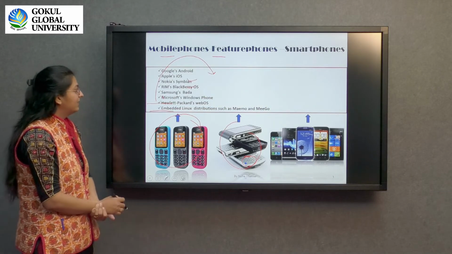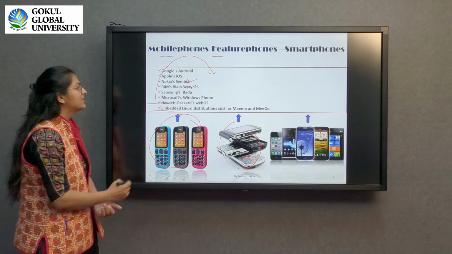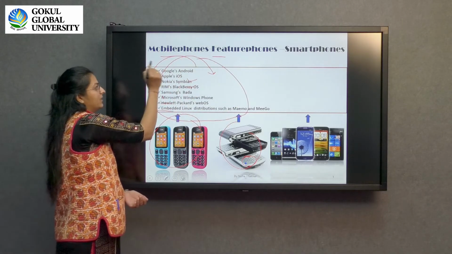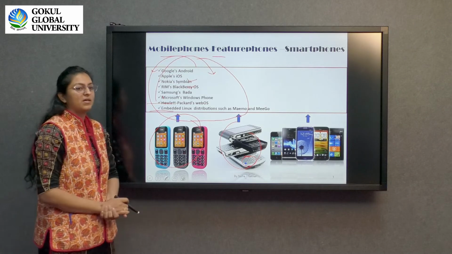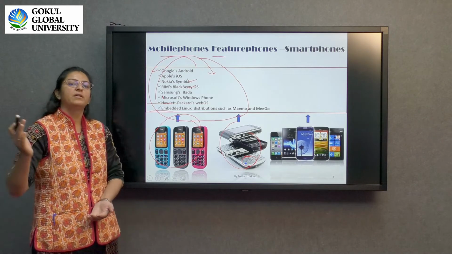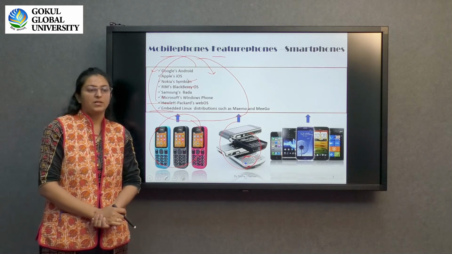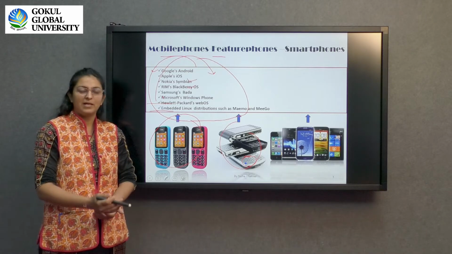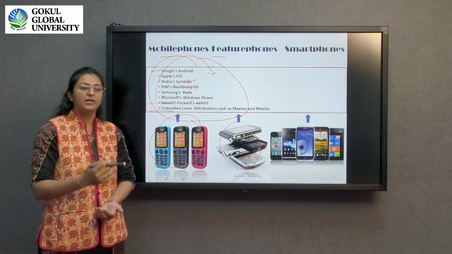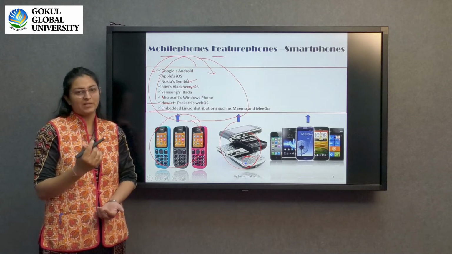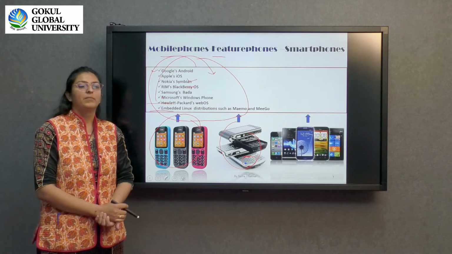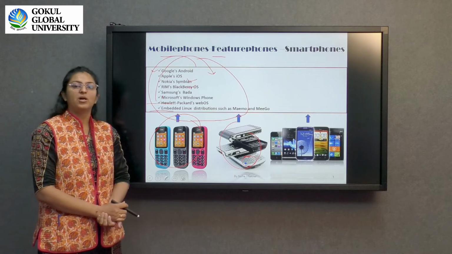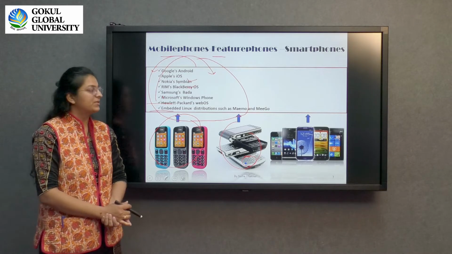So if we talk about how many mobile operating systems are available, all these mobiles are from different manufacturers. We know so many manufacturers like Reliance, Samsung, Apple, Realme, nowadays we cannot count them. So which mobile operating systems are they using?